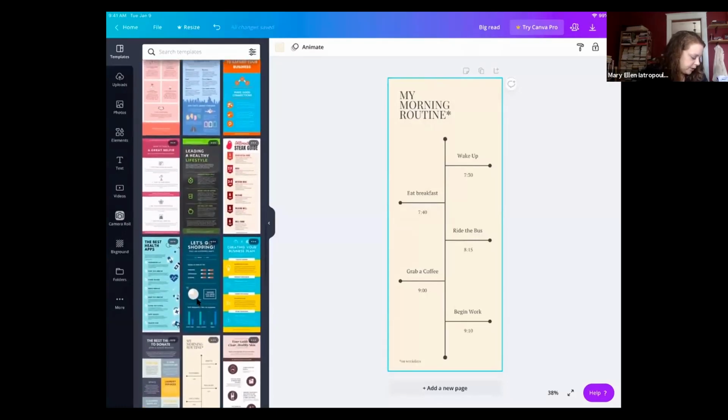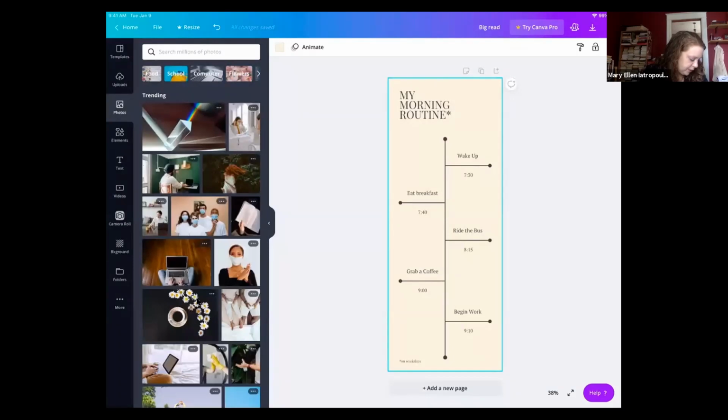You can also start by using a photo as a background. They give you some photos, but you would also be able to access your own camera roll and use photos that you yourself had taken.